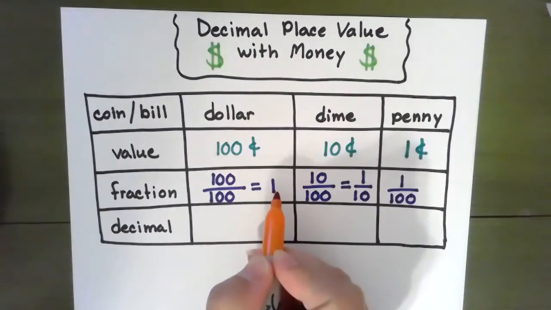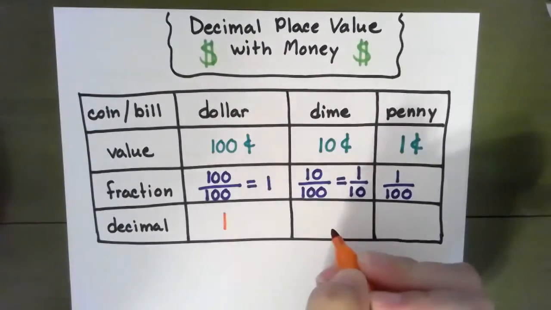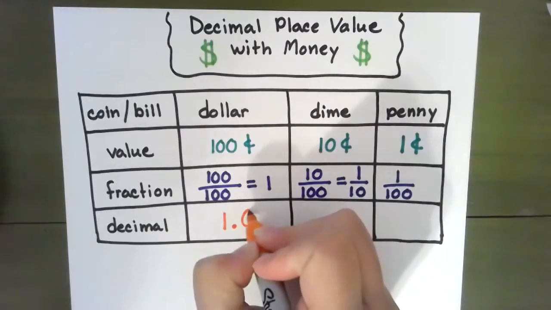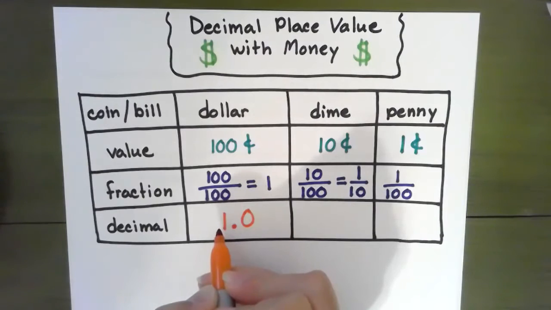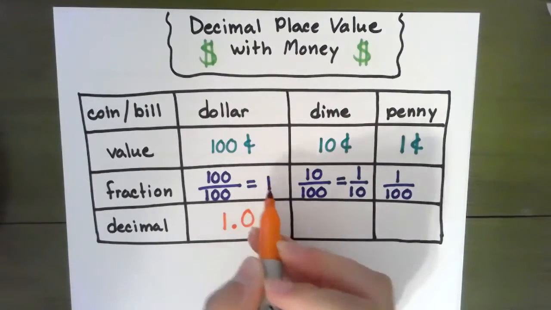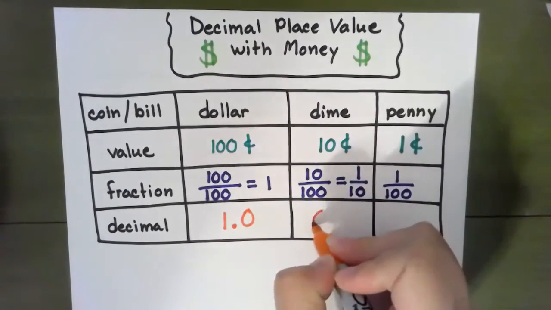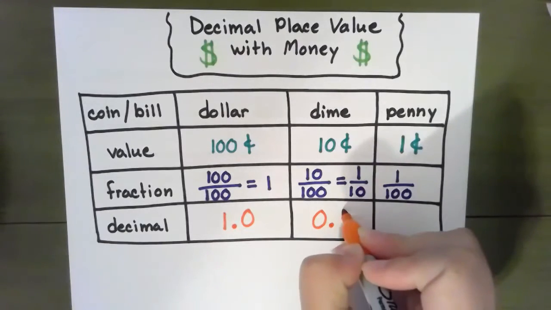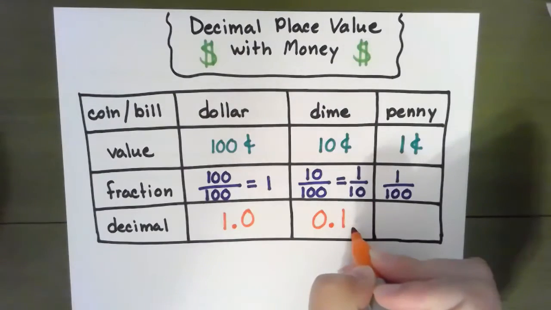We can write 1 whole in a decimal form by writing 1 in the ones place, a decimal, and 0 in the tenths place. The number to the left of the decimal is in the ones place and represents 1 whole. To write a dime, we have 0 in the ones place, our decimal point, and 1 to the right of our decimal in the tenths place.